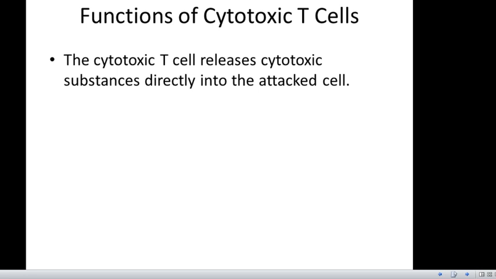After making holes, the cytotoxic T cell releases cytotoxic substances directly into the attack cell. Immediately afterwards, the attack cell becomes greatly swollen and it usually dissolves shortly thereafter.